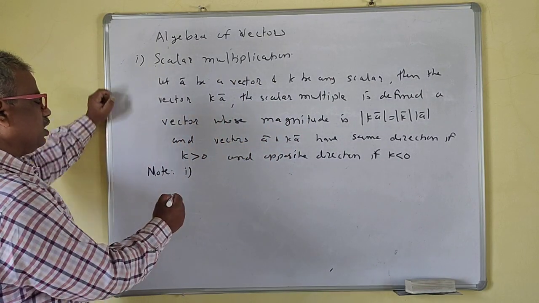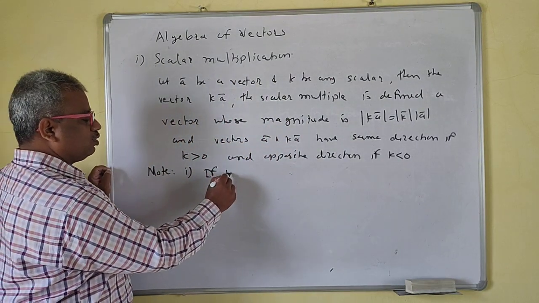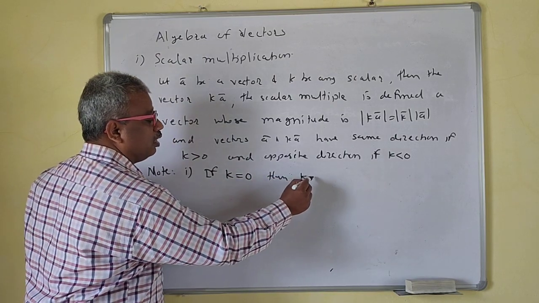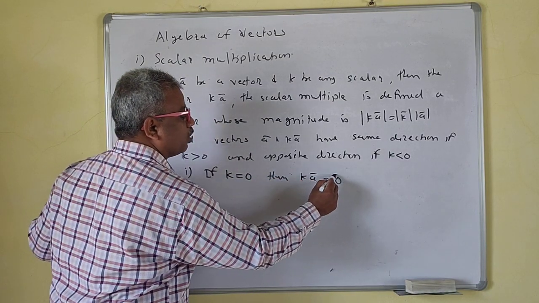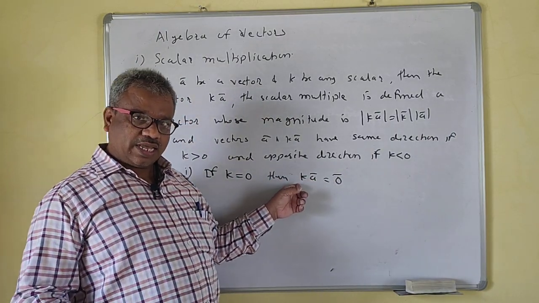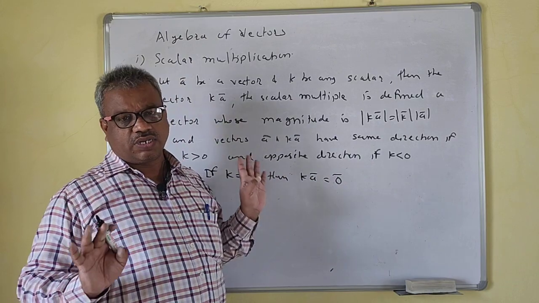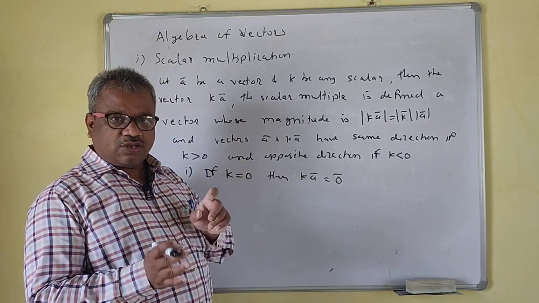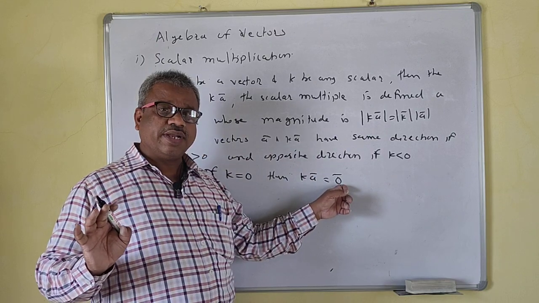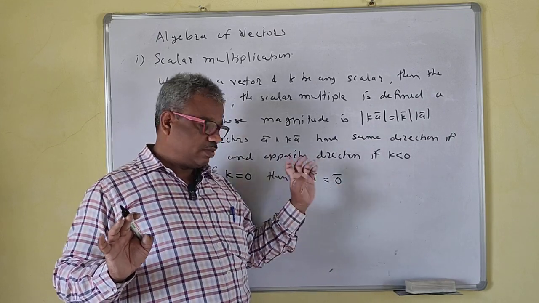So one important thing: if k is equal to 0, then k a bar is 0 bar. Don't write a single 0, because if you multiply any scalar to a vector, it is a vector quantity. So scalar into vector is a vector. Note that, this should be the 0 bar. This is very important.